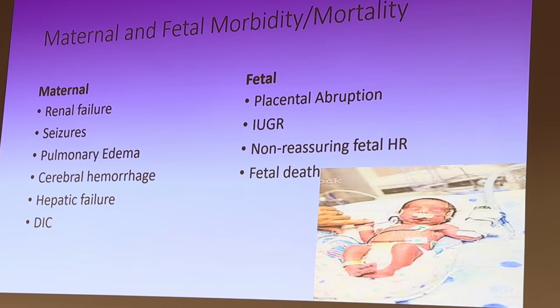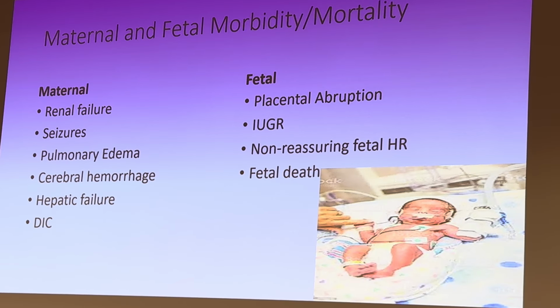Seizures, obviously we go into eclampsia. Pulmonary edema, so that's due to that fluid volume overload. Those patients, you'll listen to their lungs. They'll usually be a little wet sounding, maybe have some crackles in the bases, and they may also develop a wet cough as that gets worse.